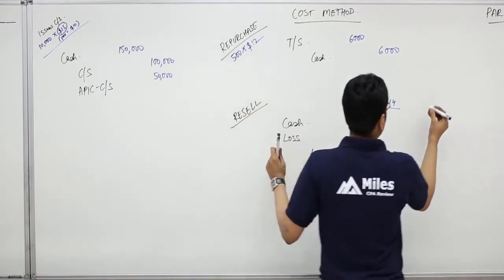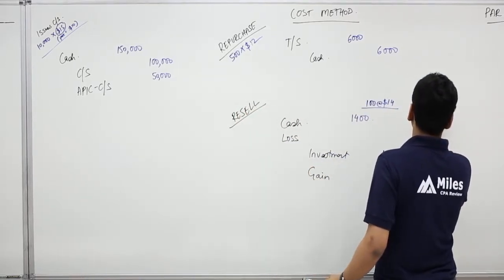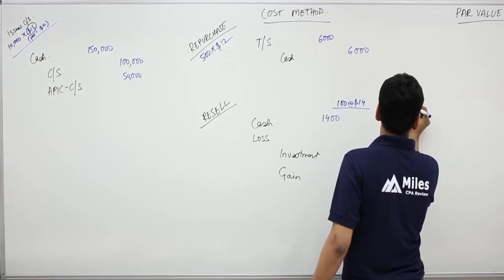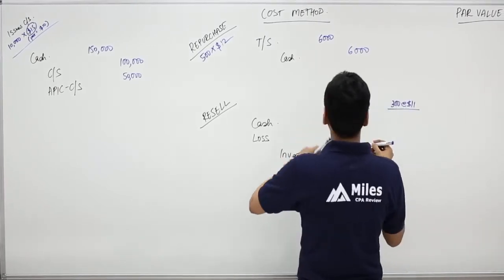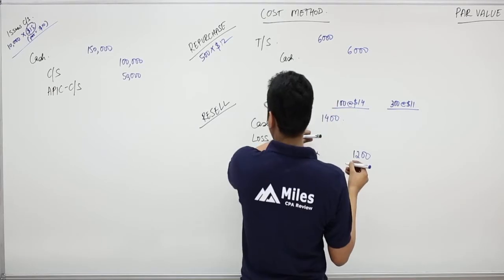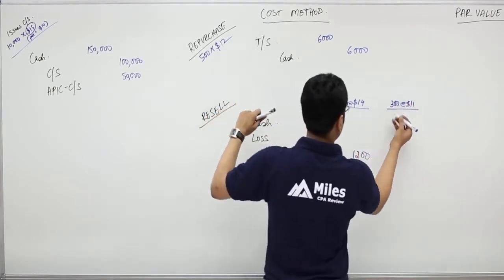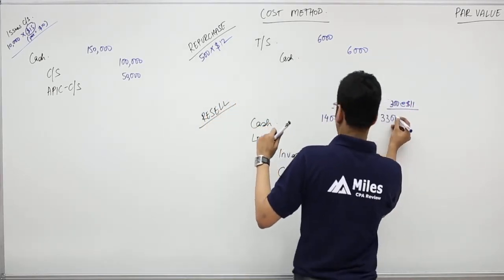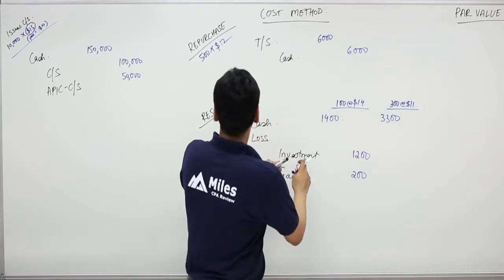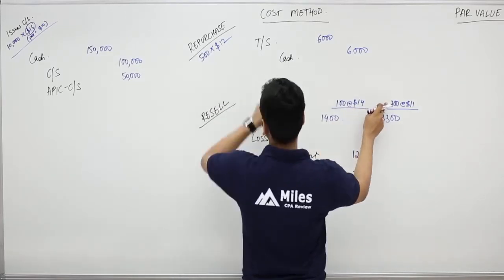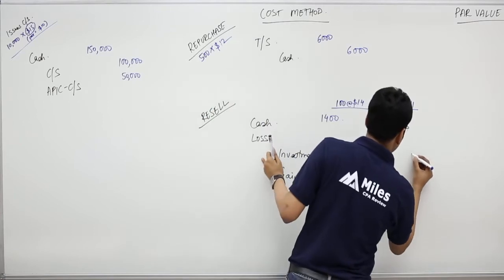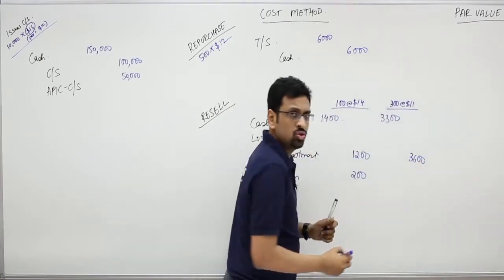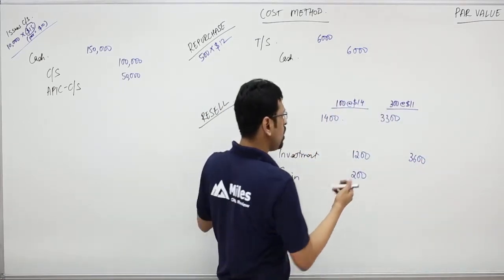Now, the next one, when you're looking at 300 stocks at 11. What's the cash that's coming in? 300 into 11, 3,300. What's the cost of the investment? 300 into 12, that's 3,600. So you have a gain or a loss? You're having a loss of 300 here.